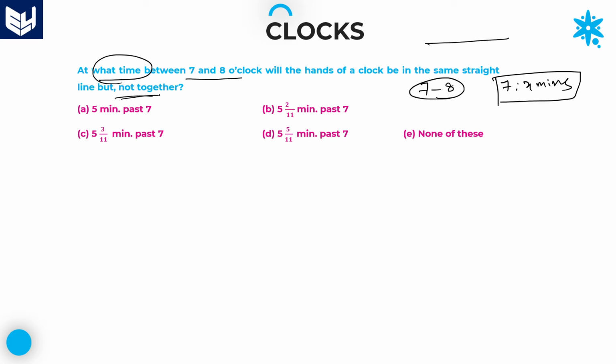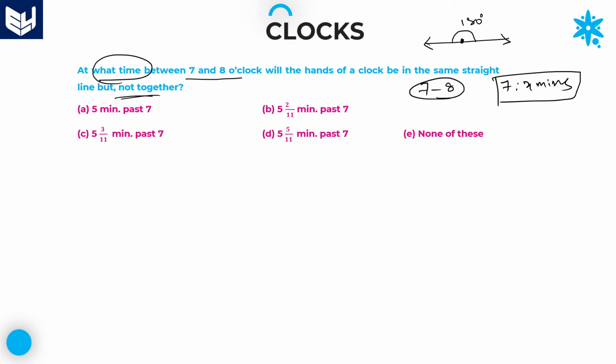Here he directly mentions that the two hands are not together, so obviously they are in opposite directions. Therefore, the angle between the two hands is 180 degrees.